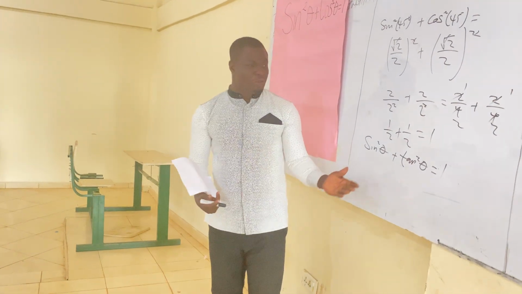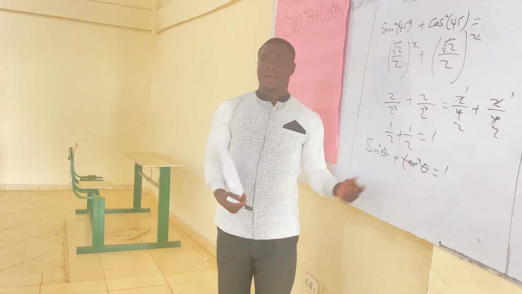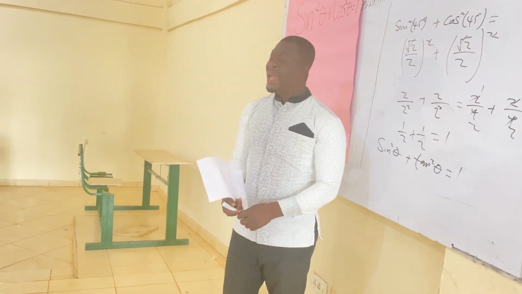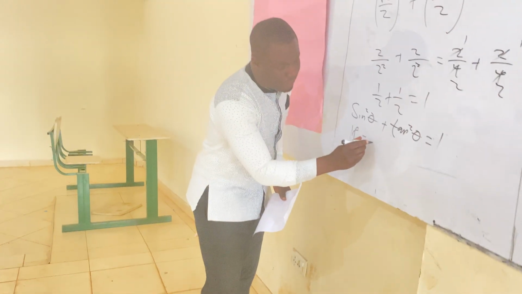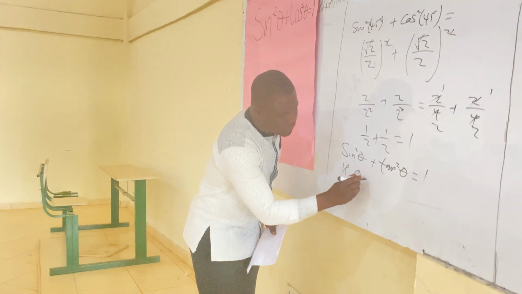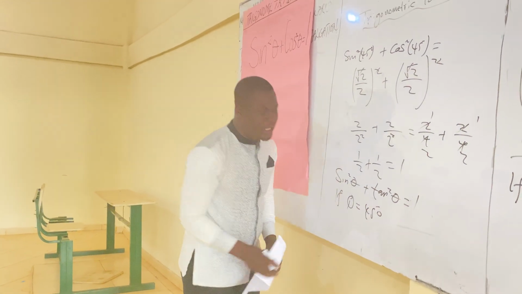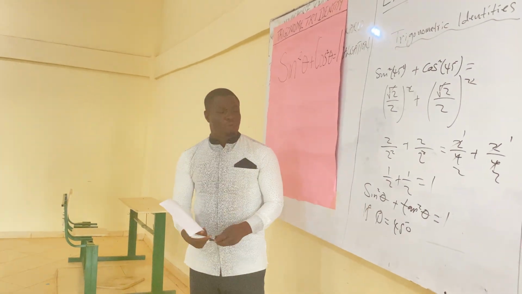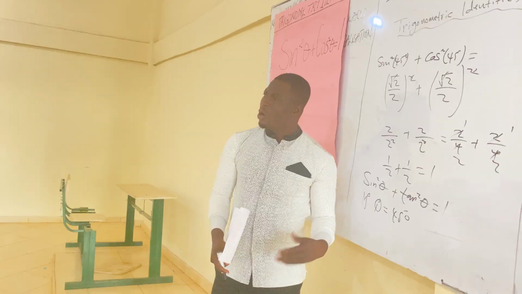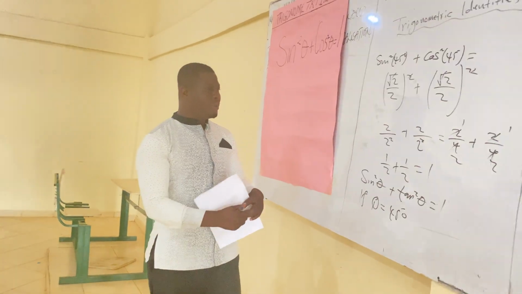So how do we know that it's not valid? We can substitute theta by, let's assume that theta is equal to 45 degrees. So let's substitute theta here to see whether we actually get 1 or not.